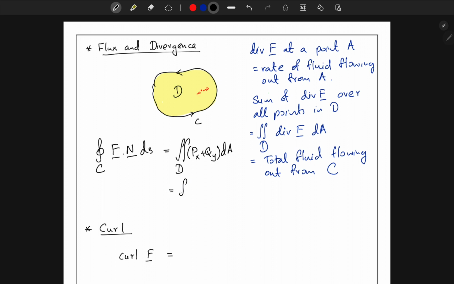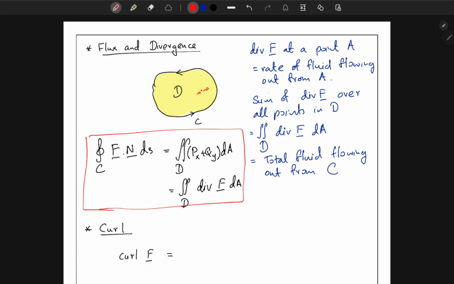So this is the double integral of divergence. So the flux is the double integral of divergence. Okay, so we talked about what divergence is and how to use it to do calculations.